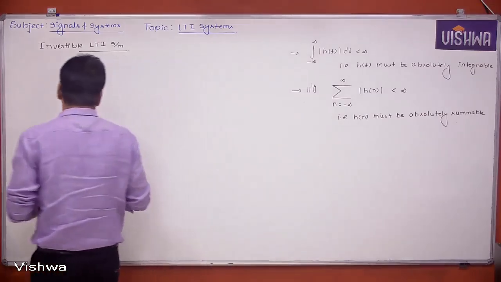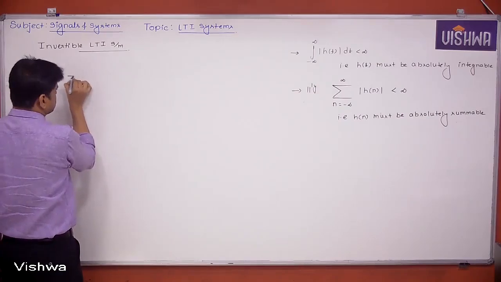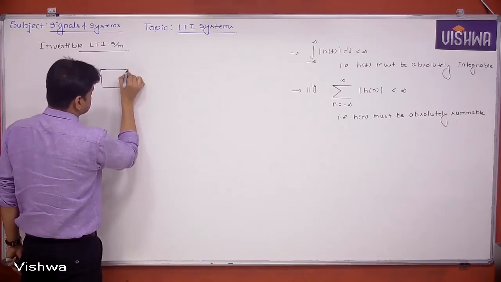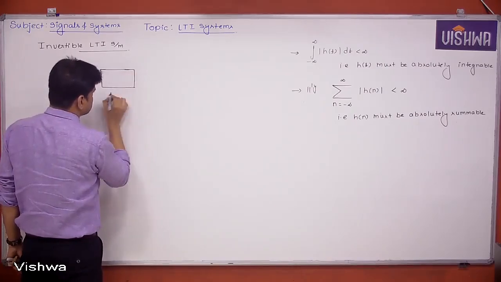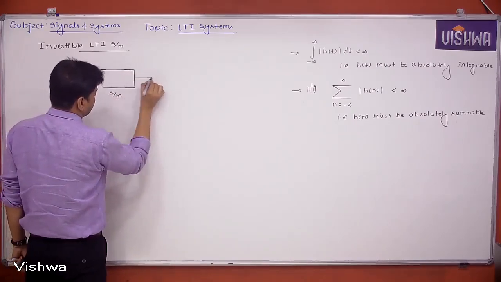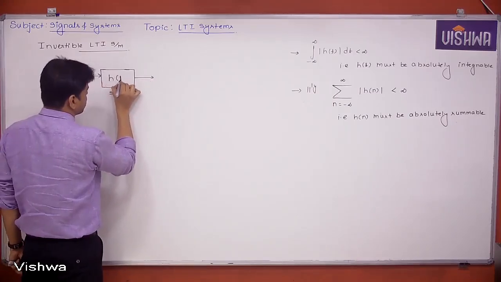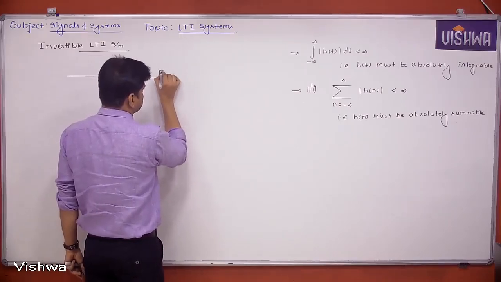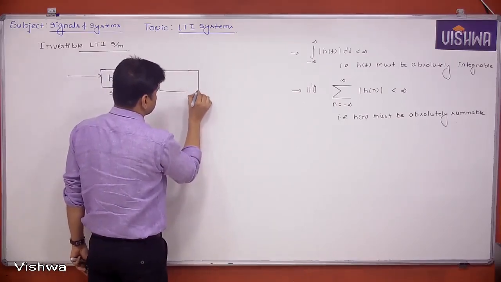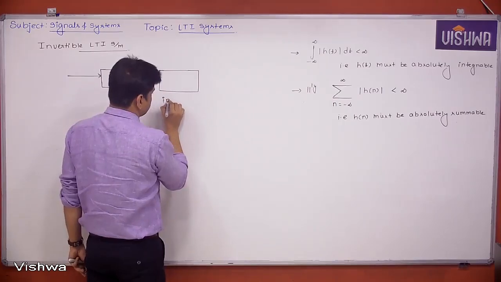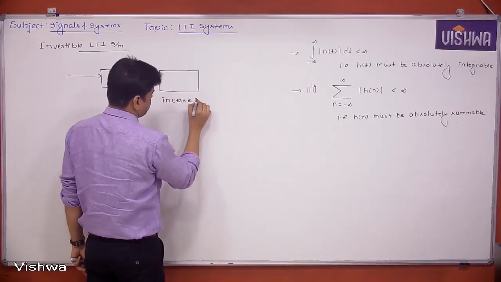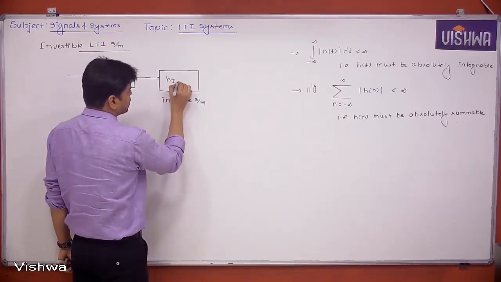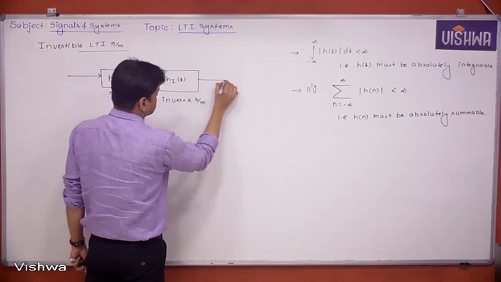Suppose you take a system, let's take, this is a system. For this system, let's take the impulse response to be h of t. Suppose it is having an inverse system, and let's assume it has hi of t as the impulse response.